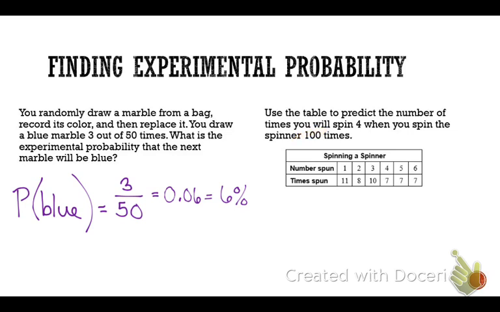So I know, how many times did I spin a 4 in the table? 7 times. So the probability I spin a 4 is 7 out of 50. This total down here was only spun 50 times. So I know if I spin it 7 out of 50 times, that's a 14%.